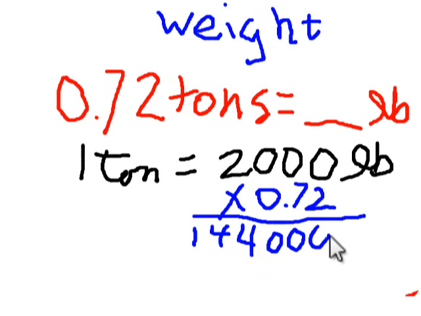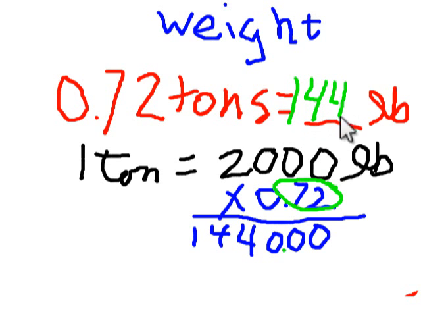Because I have 2 decimal places in my problem right here, I need to have 2 decimal places in my answer, so my decimal point is going to go right there. So that means that 0.72 tons is equal to 1,440 pounds. So that's how you change units of measure within the US Customary system, units of measure for weight. Good luck.